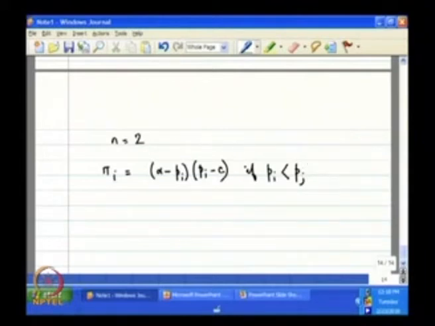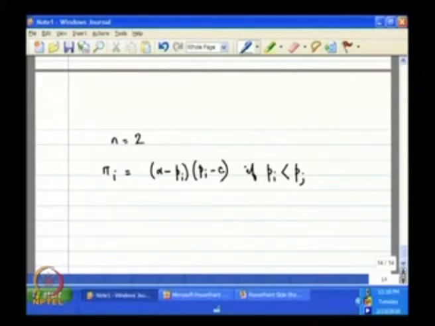Remember, there are only 2 firms, 1 and 2. If i is equal to 1, j is equal to 2, and vice versa. It is equal to what if Pi is equal to Pj?